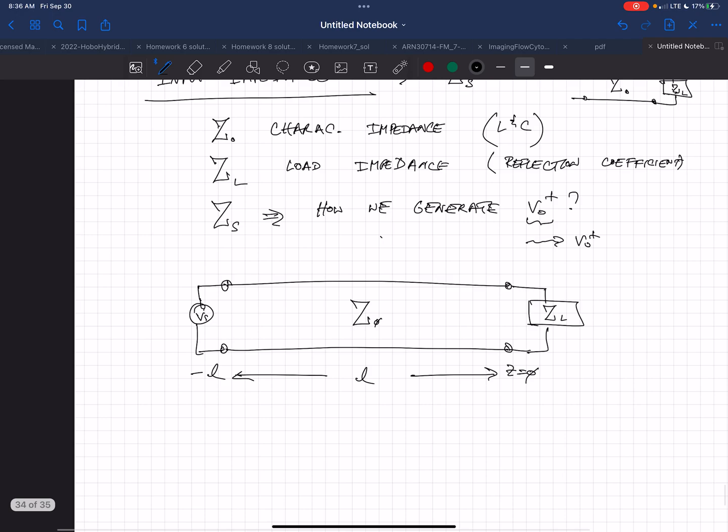So the source is sitting at minus L instead of at minus infinity.